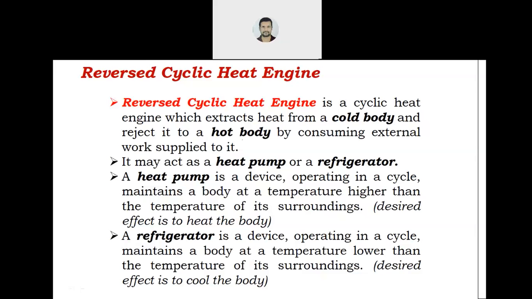The main purpose is to increase the temperature of the body to more than the surrounding temperature. This is the desired effect. What we want is to heat a body, to increase its temperature. How will we do it? By taking heat from the surroundings and supplying it to the body. So our desired effect is heating the body.